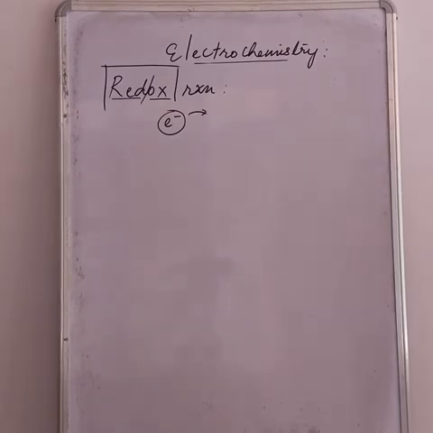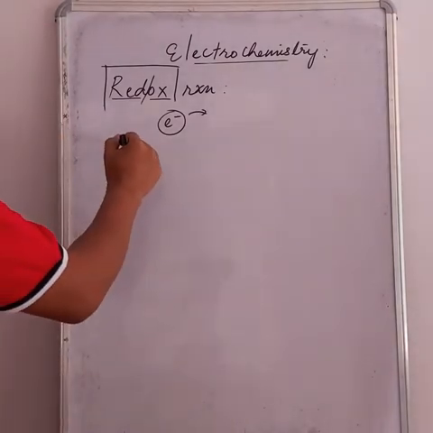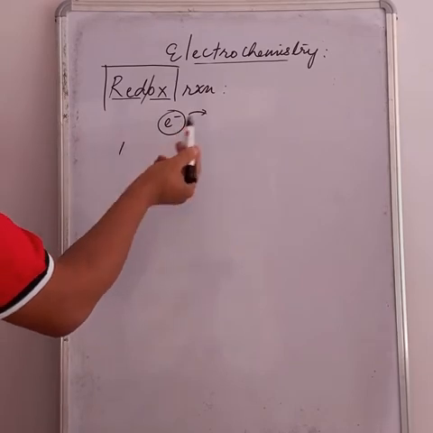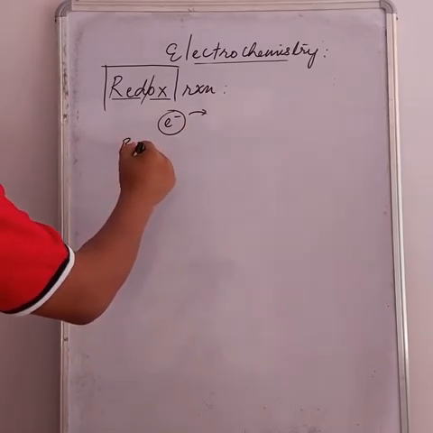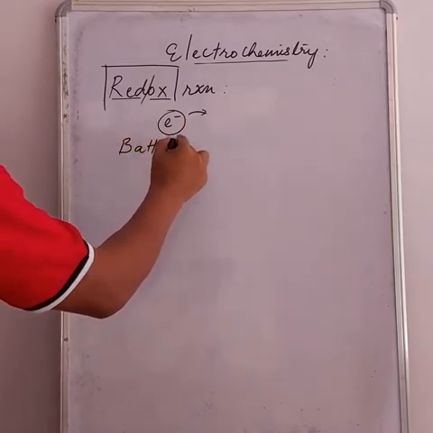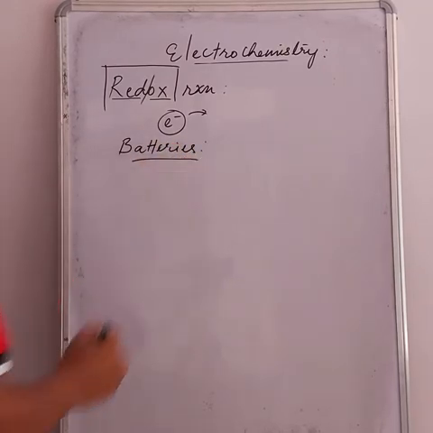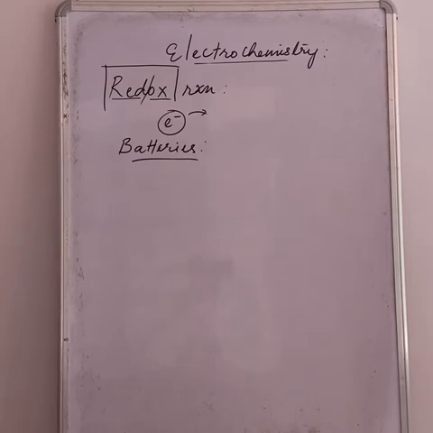Now, when we talk about this chapter, we know that batteries are a source of energy, and in batteries, electrochemical reactions are taking place.